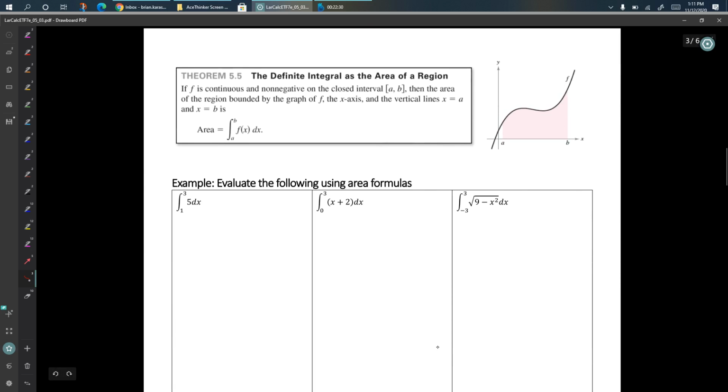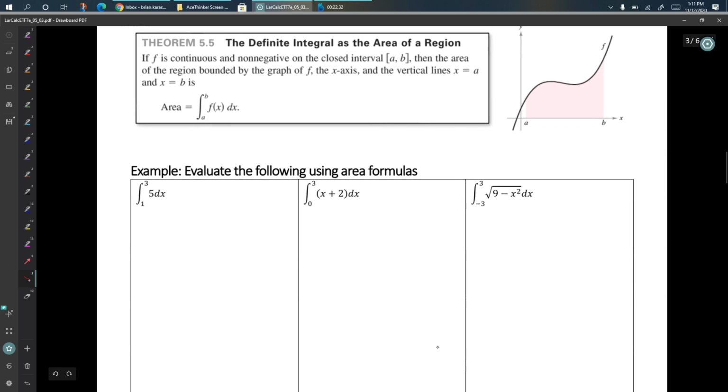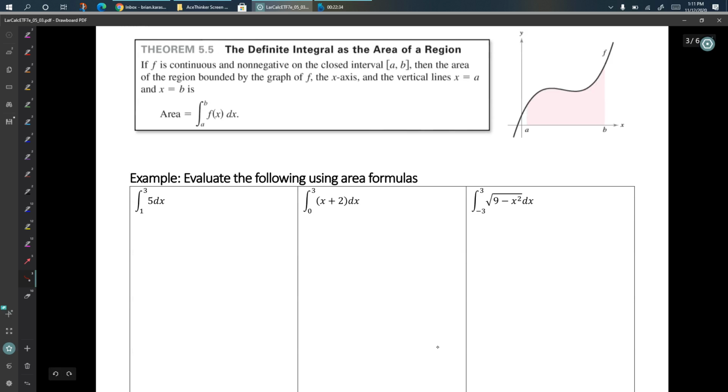So the definite integral is area, but we only use the word area in a correct mathematical sense if the function is completely bounded and above the x-axis. So only if it's this way can we say this.